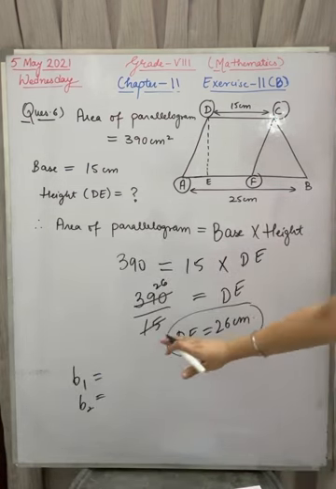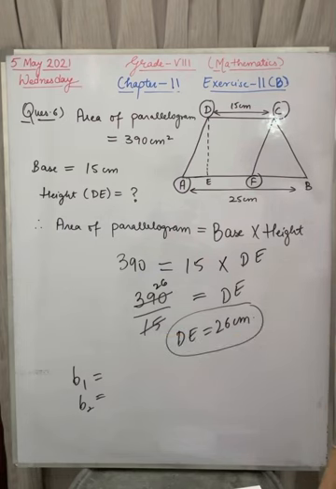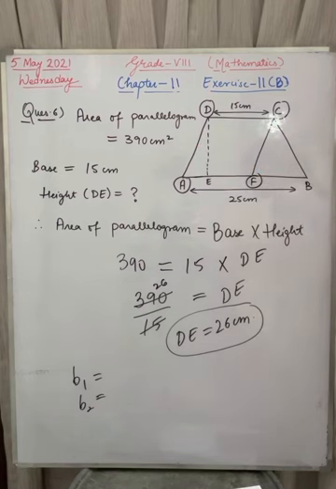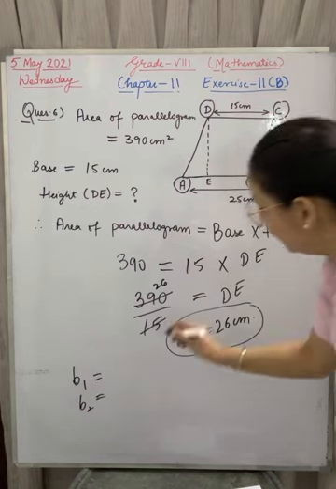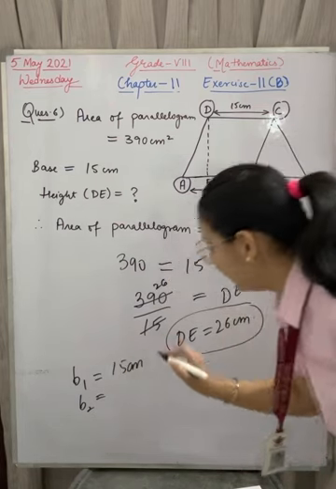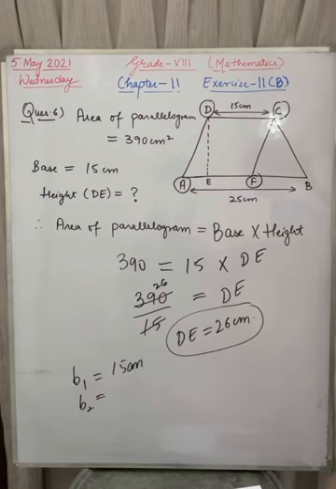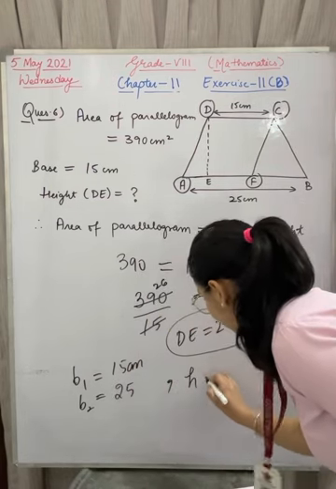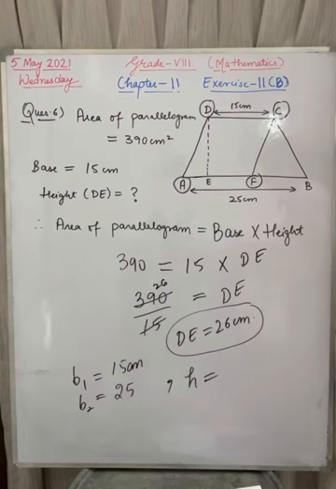Okay. What is the B1 here? Who will tell me B1? This is in this trapezium. What is the B1? What is the B2? B1 is, very good, correct. B1 is 15 centimeter. What is B2? Very good. B2 is this side, 25 centimeter. Very good. And what is the height of trapezium?